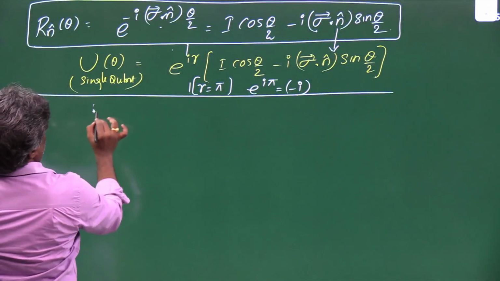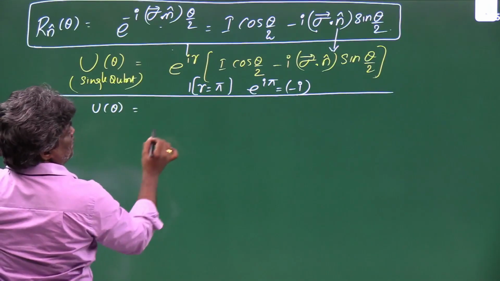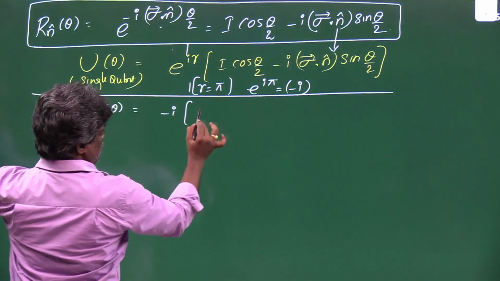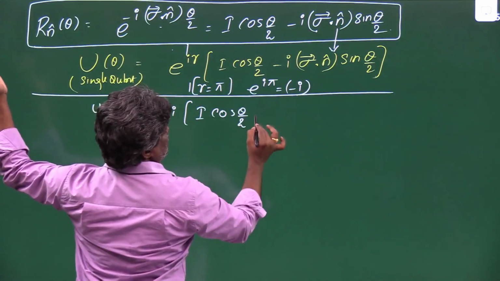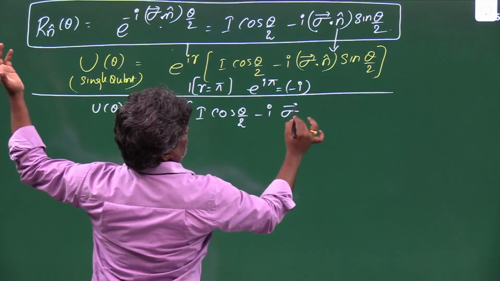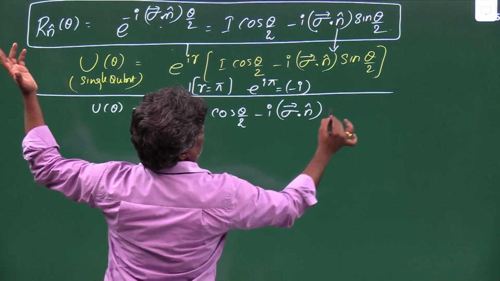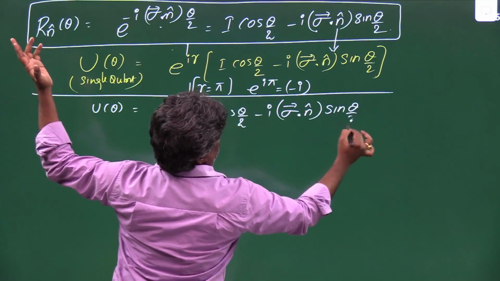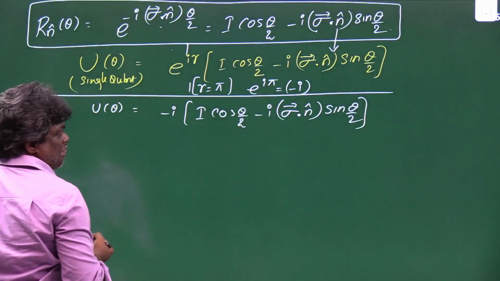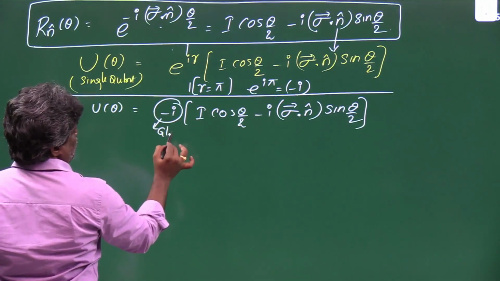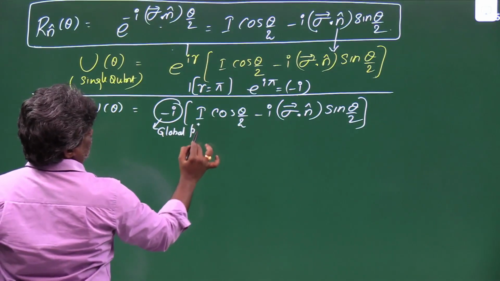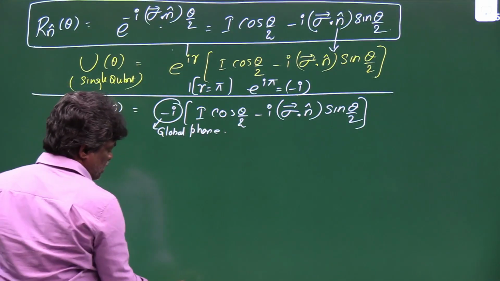That's why your unitary operator U of theta equals minus iota capital I cos theta by 2, sigma dot n cap sin theta by 2. This is the global phase, don't get tension. What we are calling a global phase has no significance, of course.